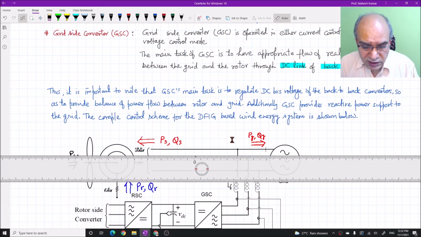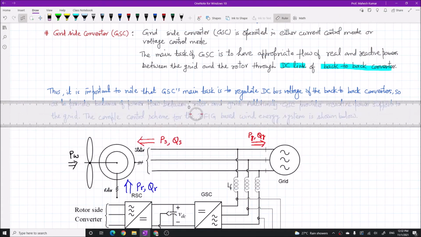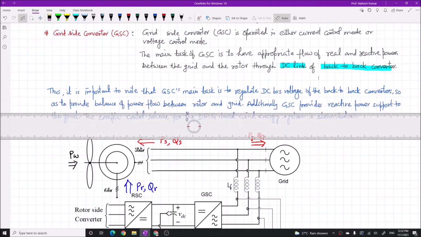So the important thing is that the grid side converter maintains the DC link voltage of the back-to-back converter system. At the same time, it provides the power flow balance between the rotor and the grid.